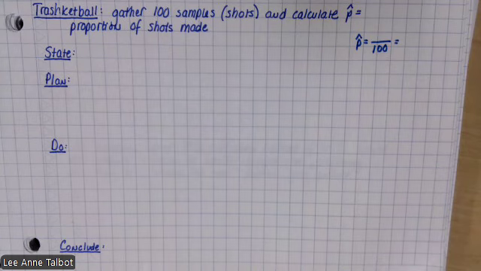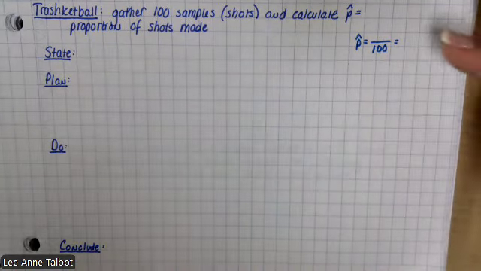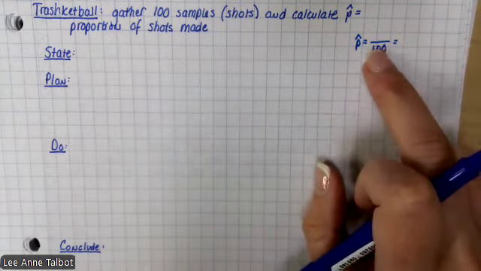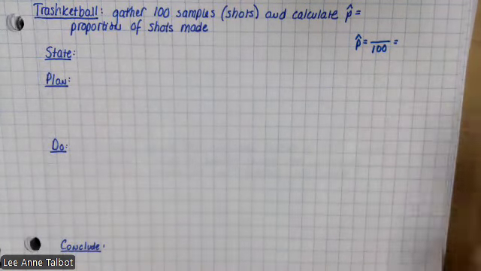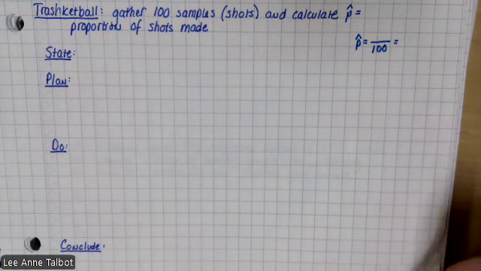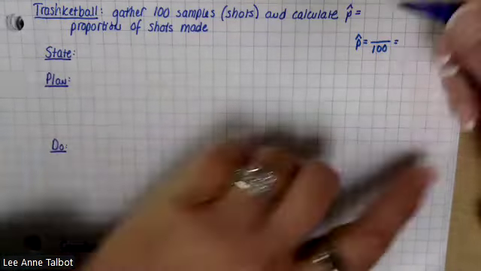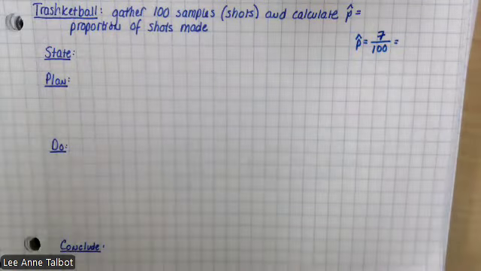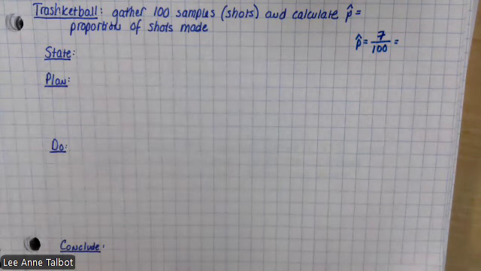Now, I'm going to write a number over here that I'm just going to make up. You're going to have your actual group shots made over 100 equals 0 point whatever. But because we're going to do a math problem, I want to have a number to use. I'm going to do 7. I think that would be what I would get out of 100 shots.